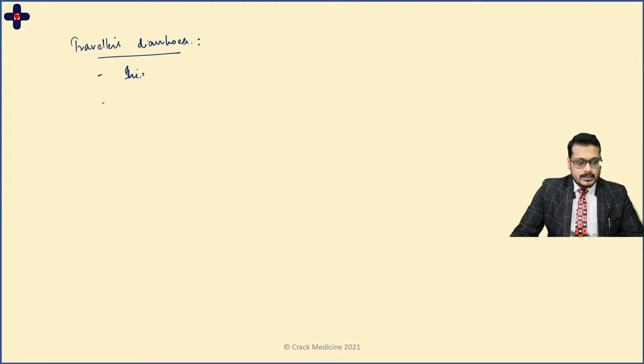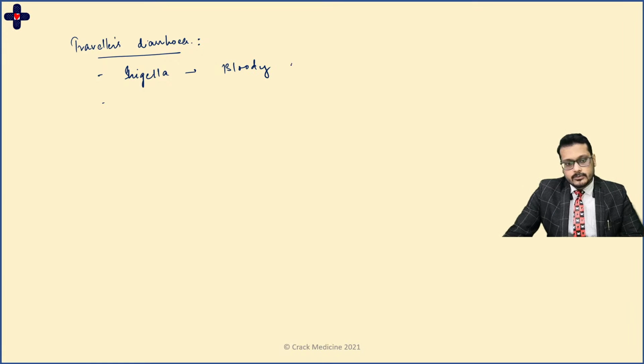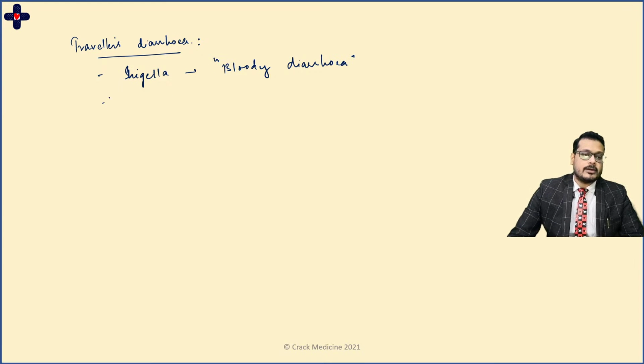Like I will start here for you. Like Shigella, you have to note the word bloody diarrhea. Okay, so you have to write down something which will point you towards the correct diagnosis. Okay, so like that you have to write down for the other causes also.